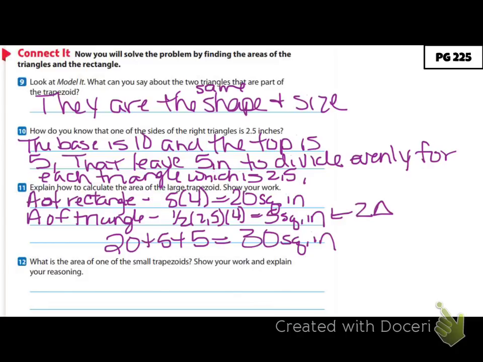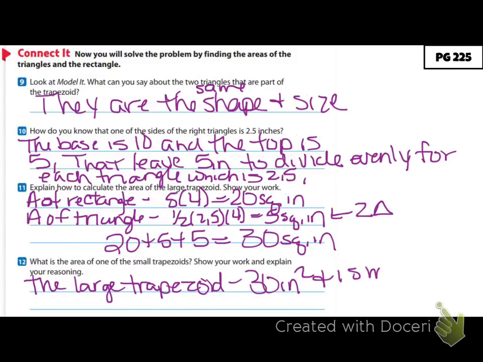Number 12, what is the area of one of the small trapezoids? Show your work and explain your reasoning. So we know that the large trapezoid is 30 inches squared, and is made of 16 small trapezoids.